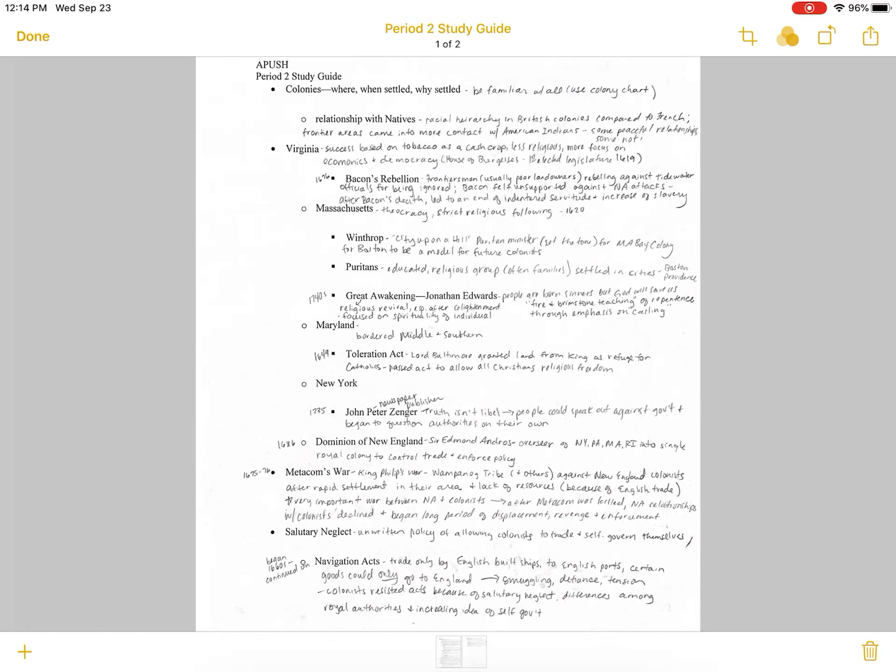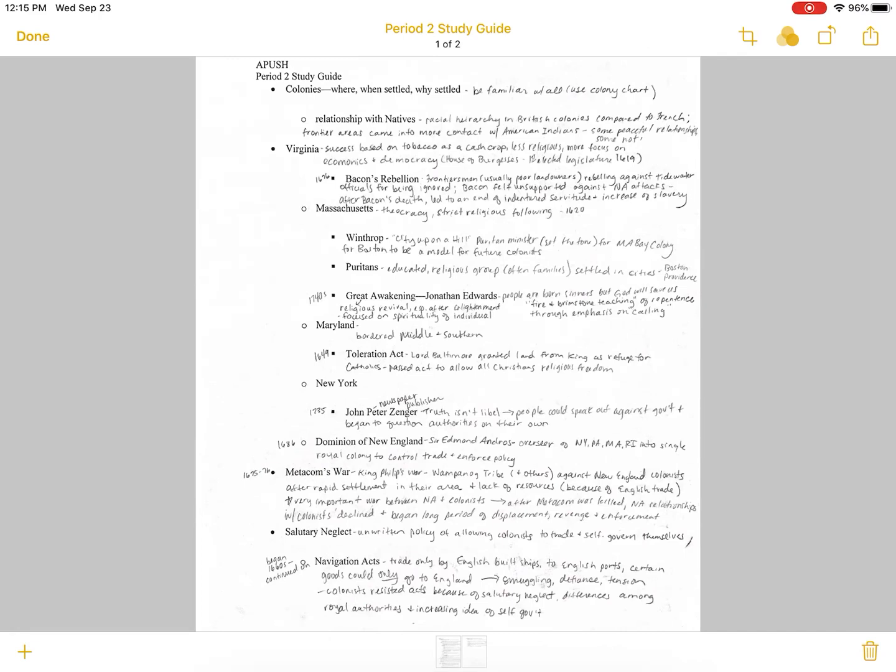Metacom's War, I cannot stress to you enough how important this is. The relationship with Native Americans cannot be forgotten. Metacom's War was sometimes known as King Philip's War. And so the Wampanoag tribe and others joined in alliance against New England colonists after there was rapid settlement in their area.